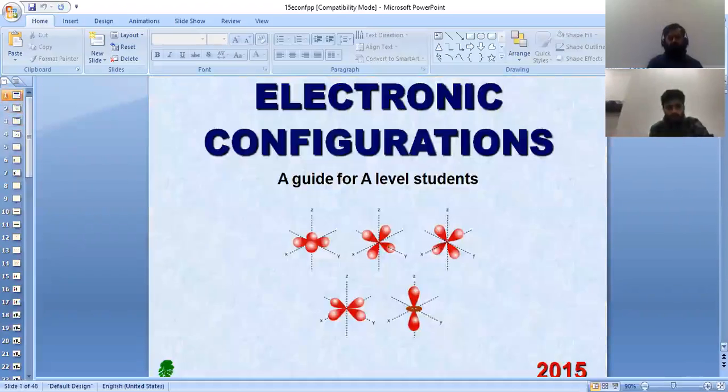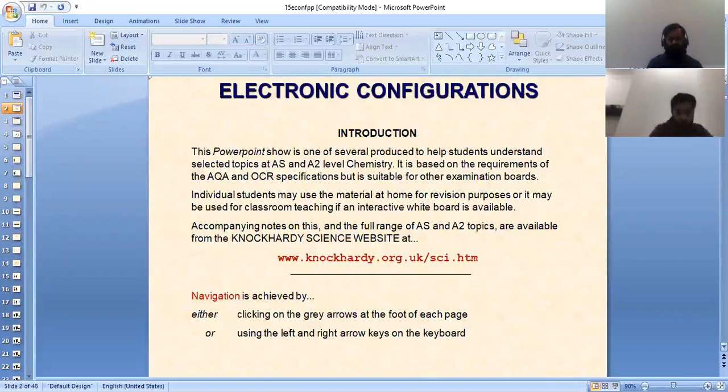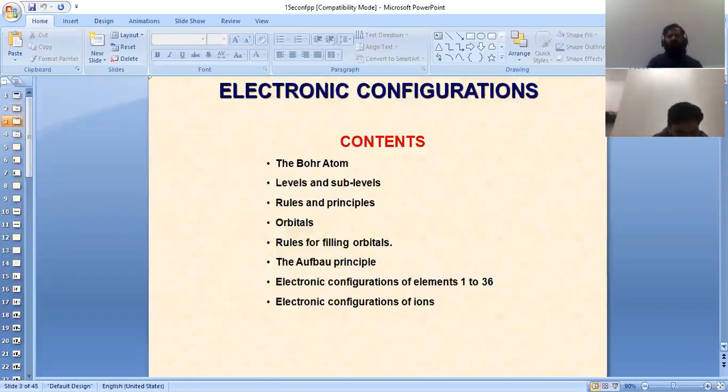We are first looking at this PowerPoint, and its contents are the Bohr atom levels and sublevels, rules and principles, orbitals, rules for filling orbitals, the Aufbau principle, electronic configuration of elements starting from the first one till the 36th one, and how to write the electronic configuration of ions.